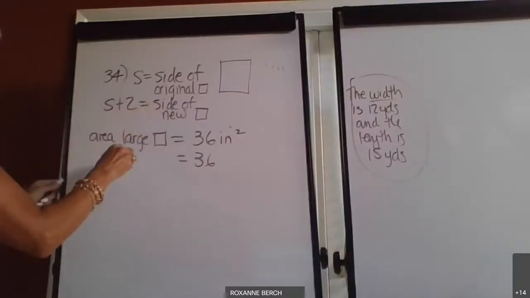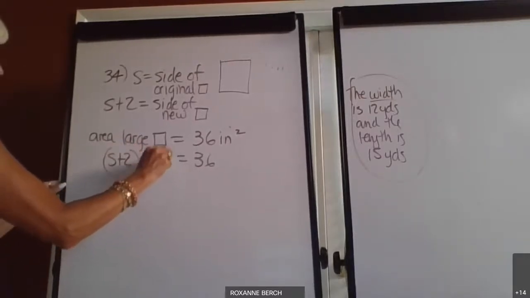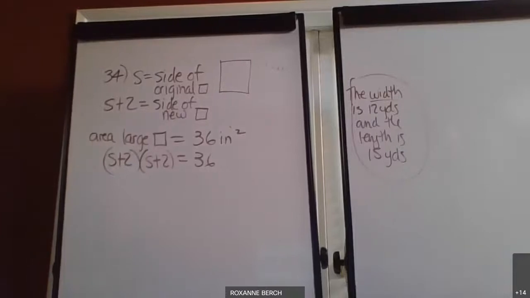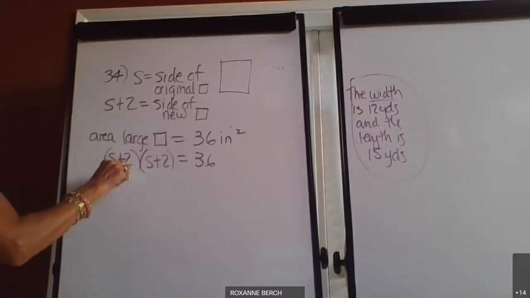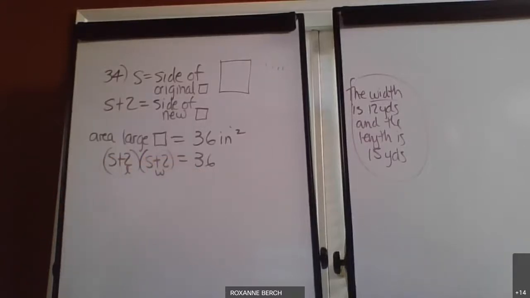Wouldn't it just be length times width of the large square? Doesn't that represent the length times the width of the large square? And then this is the large square area? Yes.